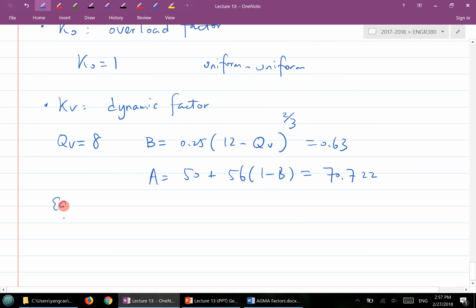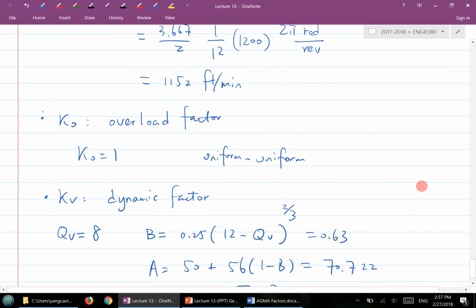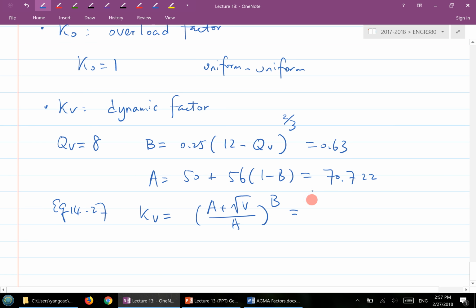So finally, you use that equation 14-27 for the Kv, which is (A plus root V) over A, to the power of B. V we already calculated, which is 1152 feet per minute. So this will give us 1.28 for the dynamic factor Kv. Okay, yeah.